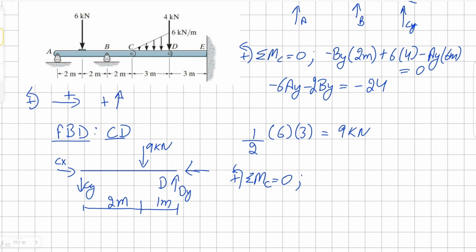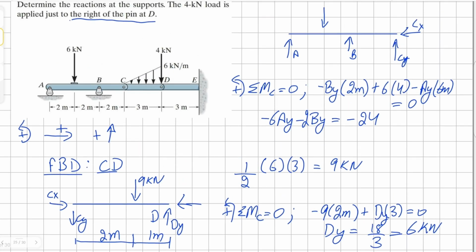First we encounter clockwise reaction from our concentrated load, 9 kilonewton, and it's 2 meters away from C. And then we have a vertical reaction at D, and it's 3 meters away, all equals to 0. Solving for Dy, we get 18 divided by 3, which is equal to 6 kilonewton.